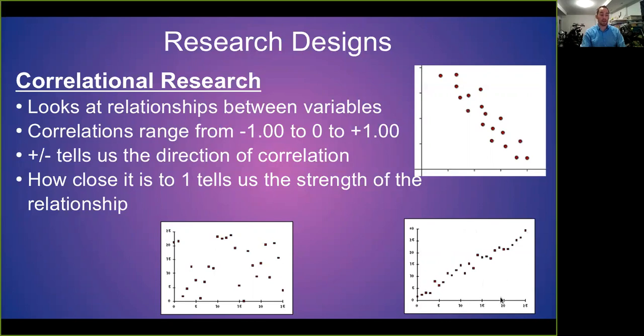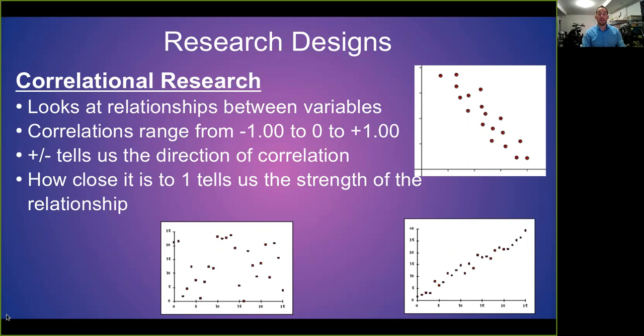I'm scoring 7 on pro-social behavior, so I'm somewhere around here. And I also scored about a 7 on happiness. That's what that's showing. Then my neighbor back here who got a 5, they're scoring somewhere around here, 5 on both. So that's how a correlation works. You're graphing those points together, looking at that relationship. So how close the number is to 1 tells us the strength of that relationship.